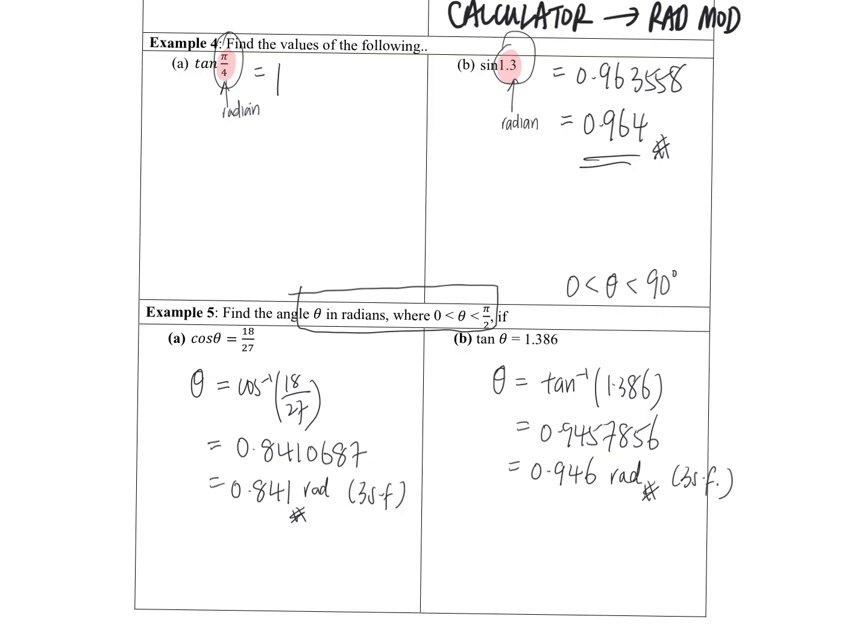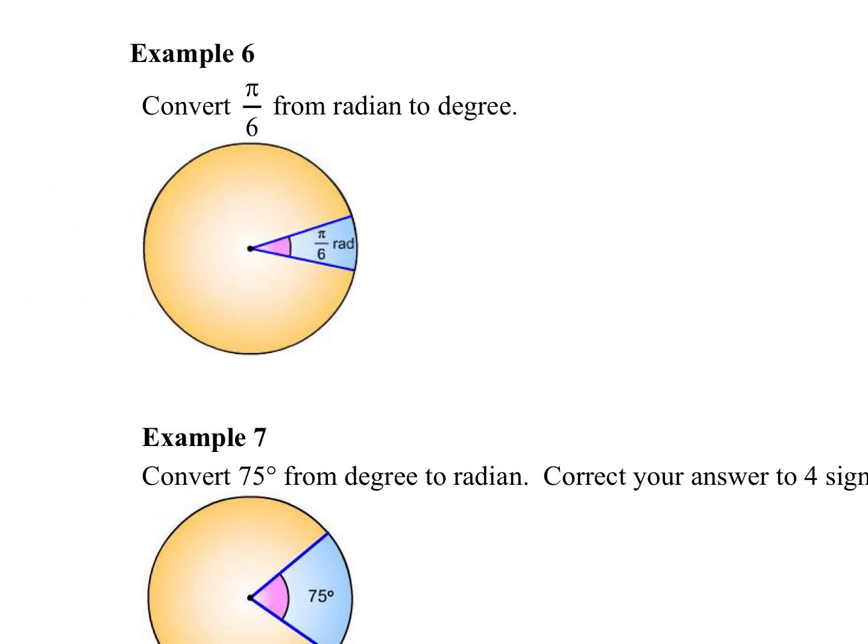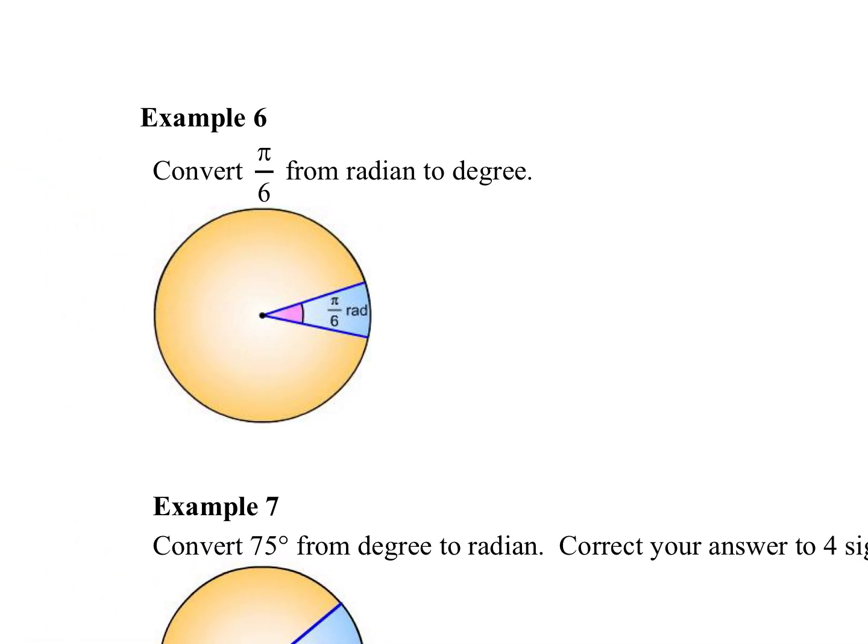Okay, I copy this over so you can see. If I want to convert radian to degree, first thing you ask yourself: 1 radian is 180 over pi.